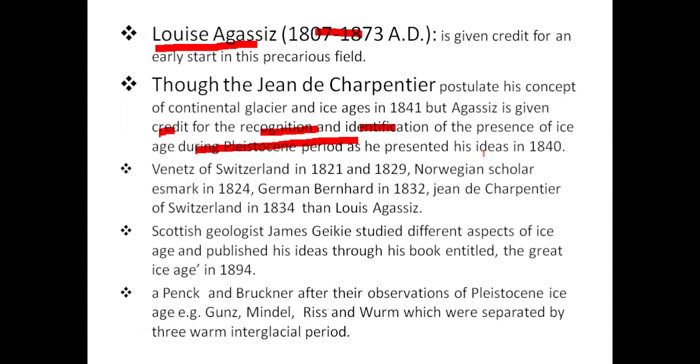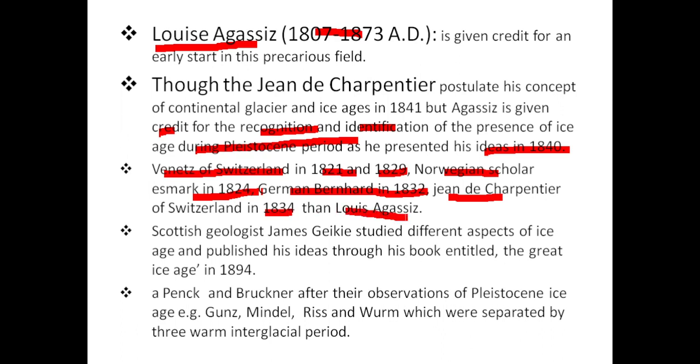His idea was presented in 1840, but other scholars presented similar ideas even before Louis Agassiz, for example Bennett of Switzerland in 1821 and 1829, the Norwegian scholar Esmark in 1824, the German Bernhardi in 1832, and Jean de Charpentier in 1834, and then Louis Agassiz.